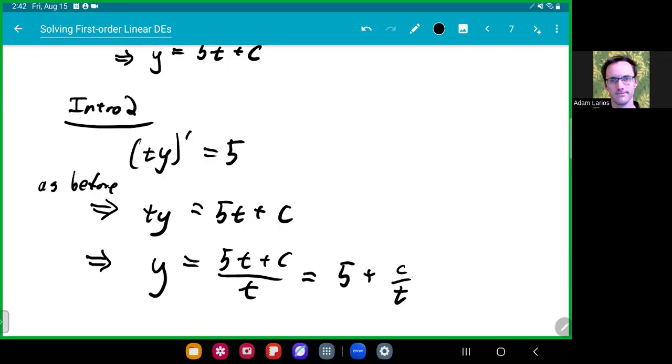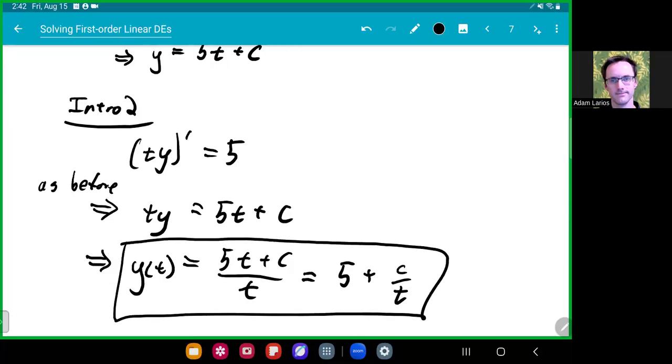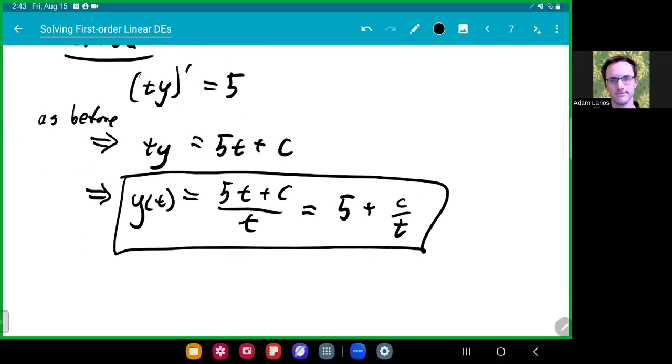Here, as t goes to 0, this expression goes to infinity, or minus infinity, depending on the sign of c. Also, when we're done with the problem, a lot of times we'll restore the of t part of the solution. So there we have it. y of t is equal to 5 plus c over t, making sure not to simplify this to just a general constant, which would be wrong.